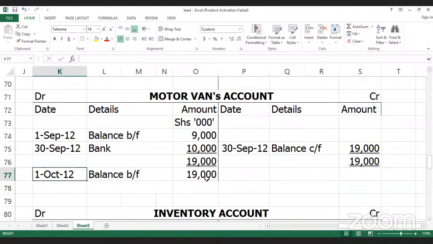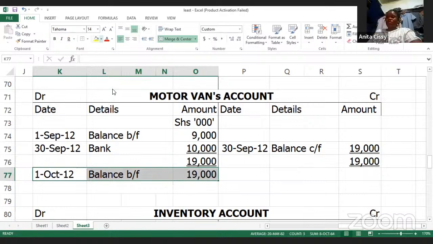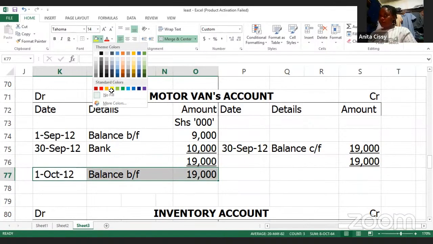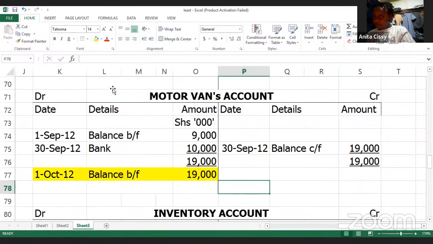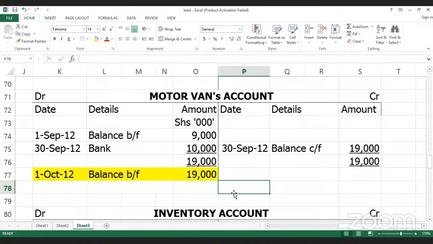So the motor vans account is also balanced. So we move to the next account. Hope you're balancing those accounts. Balance the accounts, please. We are balancing one by one.